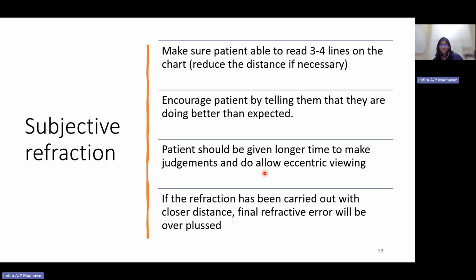Because the final refractive error will be over plus. Sorry, yeah, over plus. So that means if it is -2, then the patient will be about -1. Okay, correct, what I say is correct.